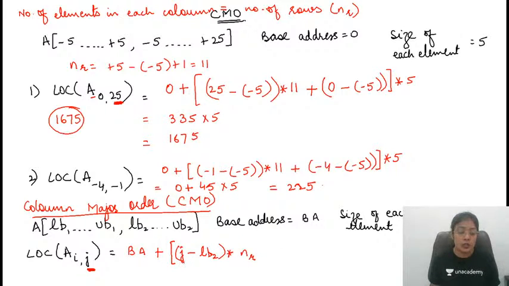In addition to this, 6 into 11 must be there. Here, see, it's minus 1 plus 5. Will it be 6? One is a negative number, one is a positive number.